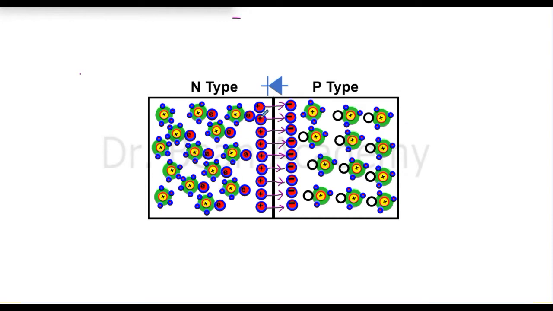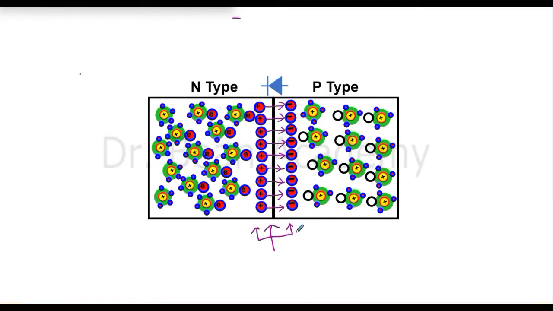Then we learned that if we combine N-type and P-type materials at a molecular level, then the charges diffuse across the boundary where the two materials are combined, and then an electric field is developed across the junction.